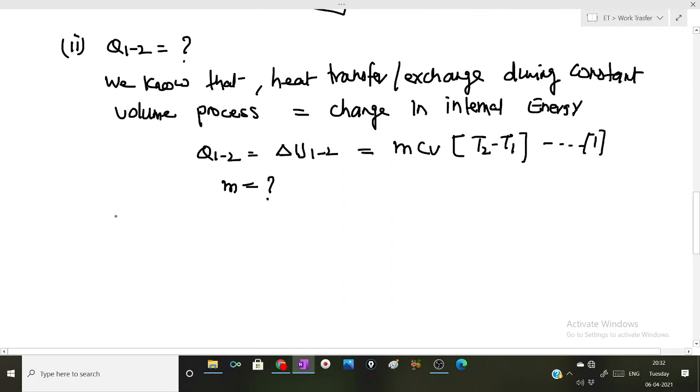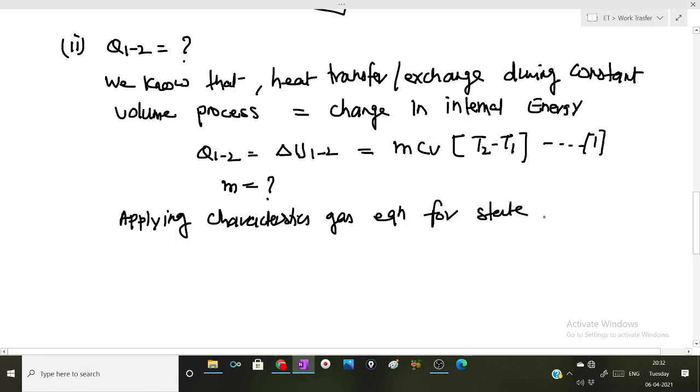So applying the characteristic gas equation for state 1, what would I get? P1 V1 is equal to m R T1. From here, m is equal to P1 V1 by R T1.